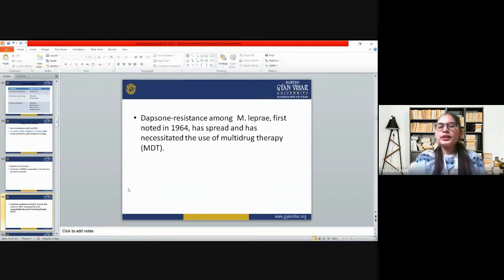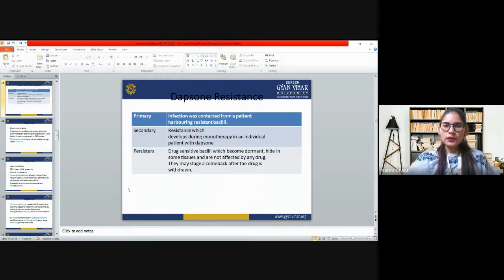So, in 1964, the dapsone resistance occurred among leprosy patients, and that's how the necessity for multi-drug therapy came about, from dapsone resistance among M. leprae.